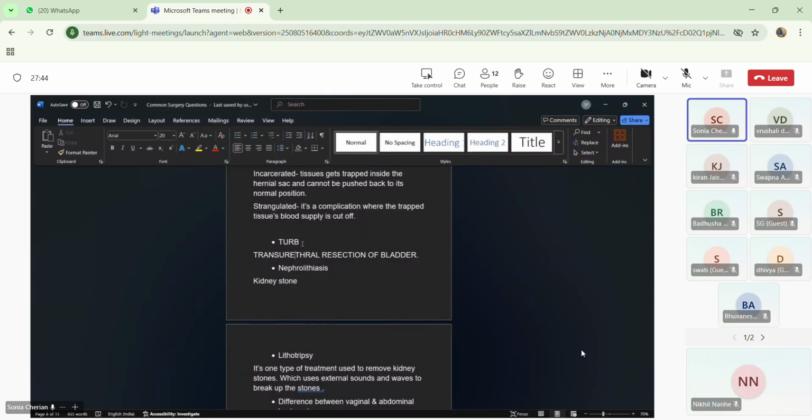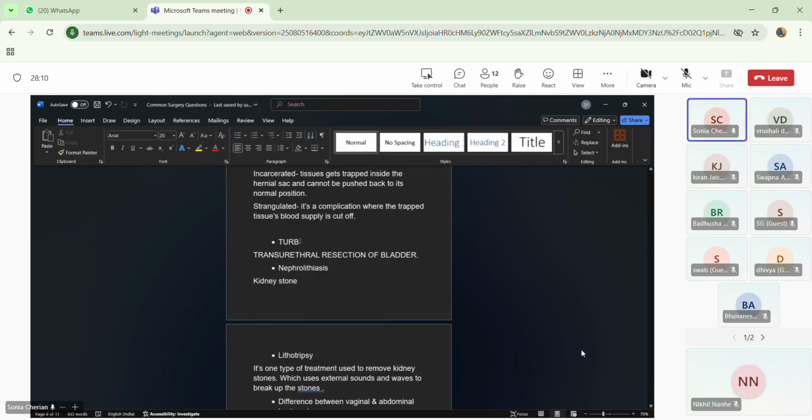But in laser lithotripsy, they will use a laser to fragment the stones, so that they can pass on their own through the urine, or they might basket it. They will use a small loop kind of wire, and they will try to remove the fragmented stones. Okay, so this is what you need to explain when they ask about lithotripsy.